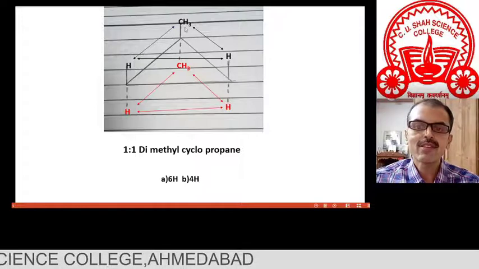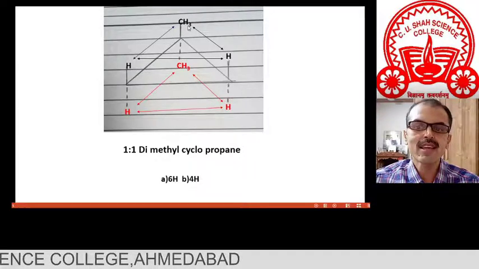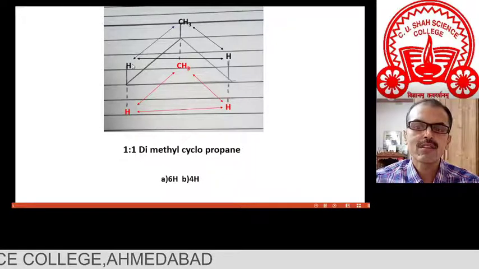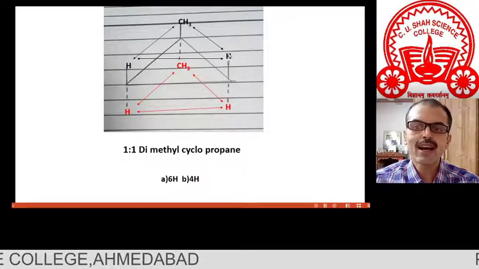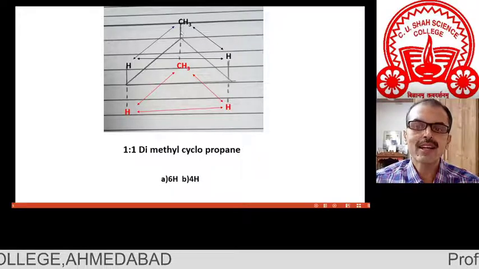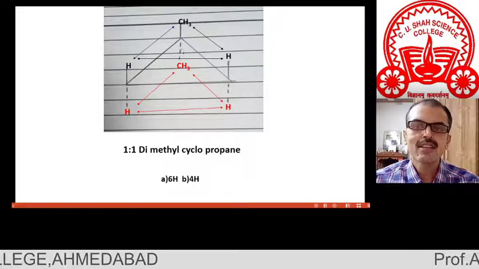Let's check whether both methyl are same or not. This methyl group can interact with the two black hydrogens in its vicinity, and that methyl group is attached with a carbon here, that carbon attached with one more methyl group.